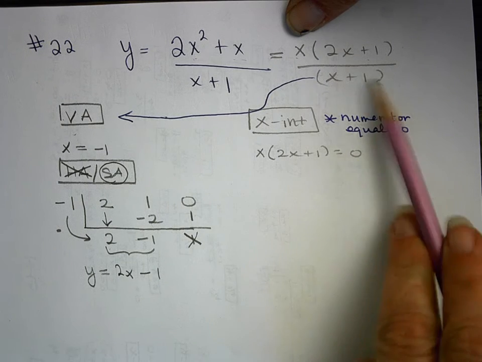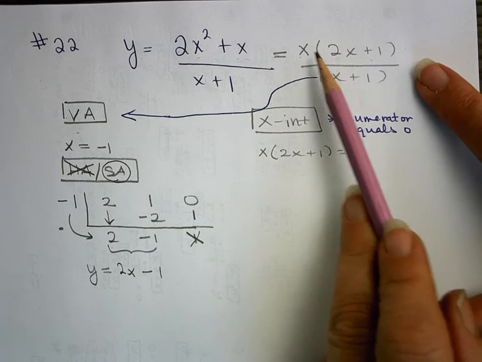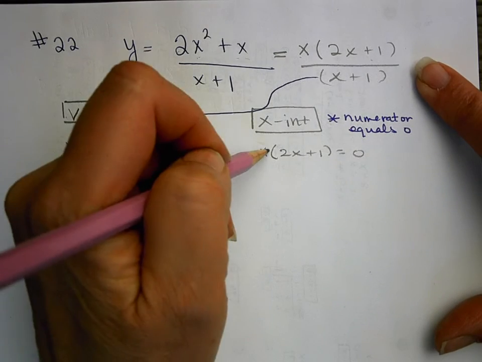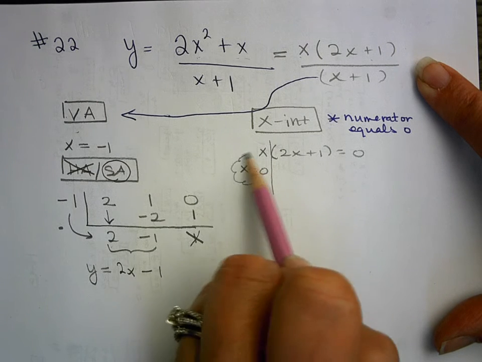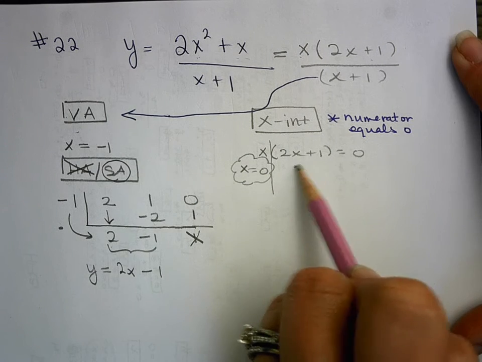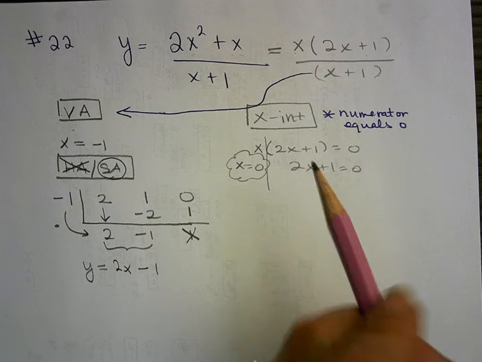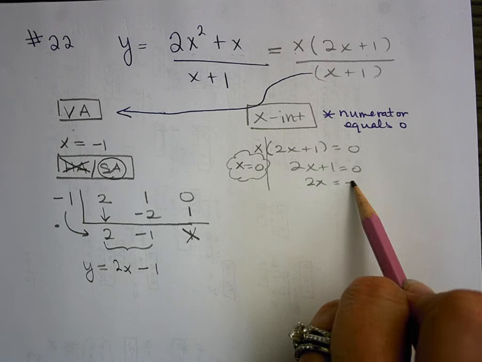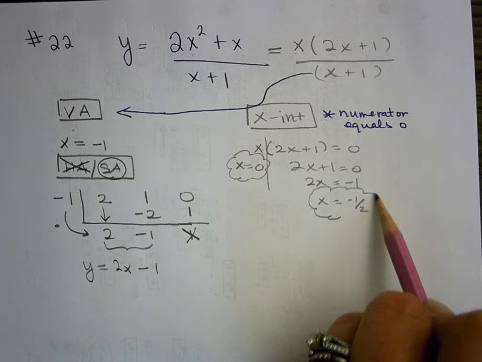I don't want my denominator 0, because that makes it undefined. So I just set the numerator equal to 0 and solve each of these. When x is equal to 0, that's one x-intercept. Then I set 2x plus 1 equal to 0 also, subtract 1 and divide by 2. So there's another x-intercept.